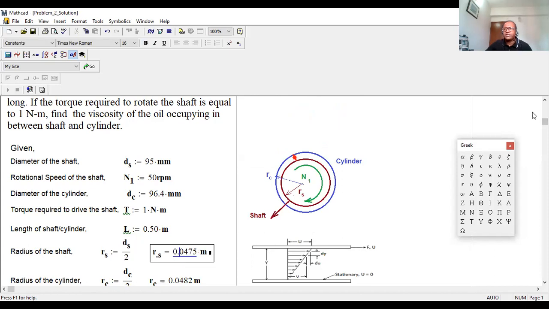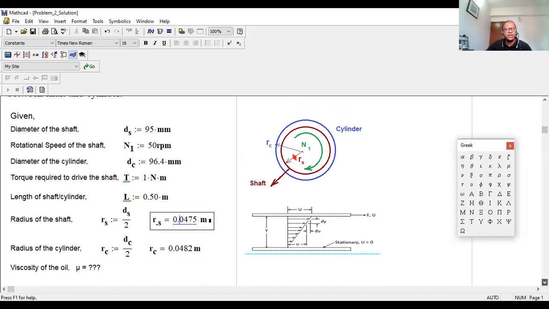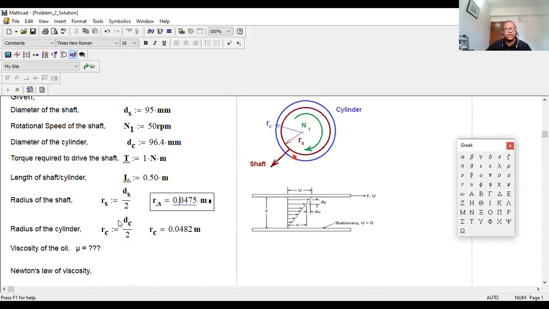Then the radius of the cylinder RC equal to DC divided by 2. So I got it over here. So this much data is given. Now what do we need to figure out? You need to figure out the viscosity of the oil between the cylinder and the shaft. So we say viscosity mu equal to what?